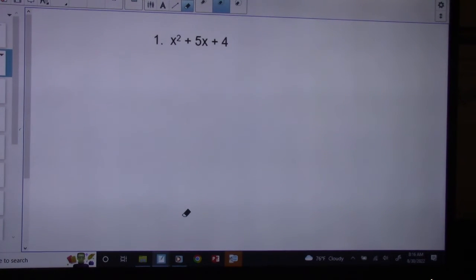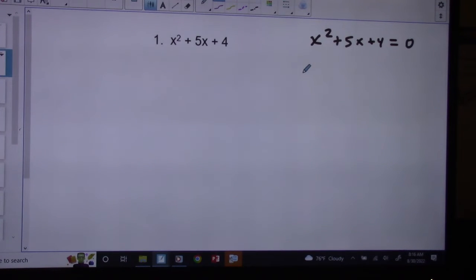There are 2 main reasons for factoring. One is if you have a quadratic equation like x squared plus 5x plus 4 is equal to 0. So that's one possibility.